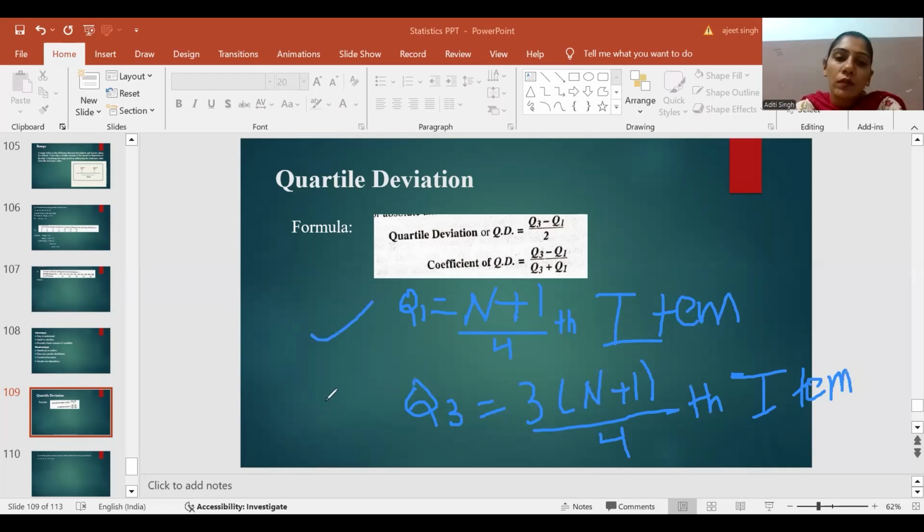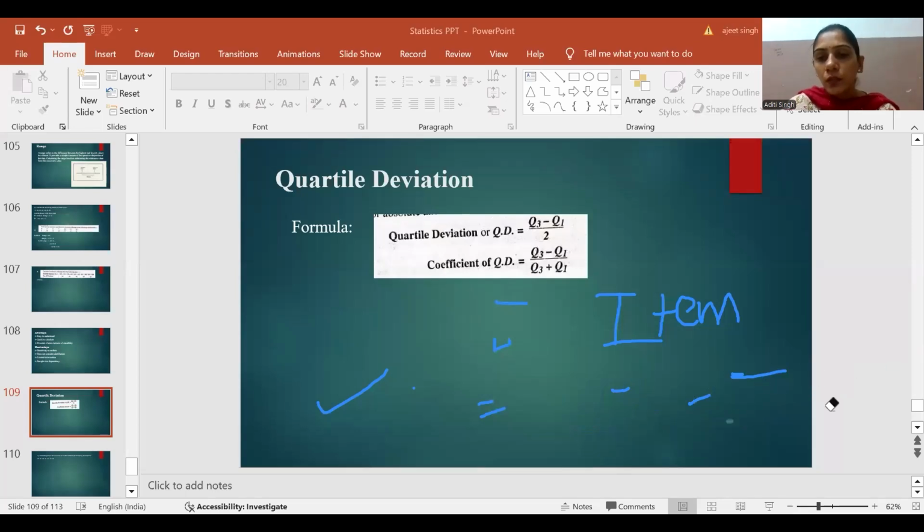So this is how we calculate Q1 and Q3. Q1 is calculated by (N plus 1) by 4 and Q3 is 3(N plus 1) by 4. After getting the item number, we have to find that item in the given series. Then we put those values in the formula so that we can get the value of quartile deviation and coefficient of quartile deviation. So this is how we will calculate this.